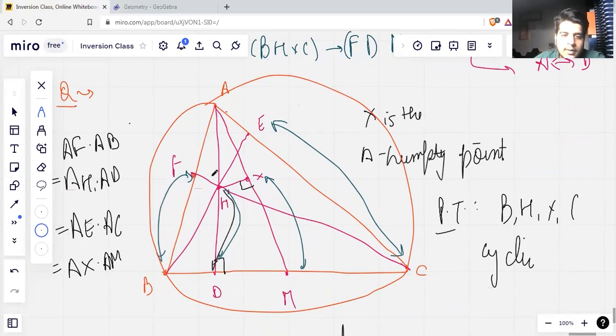B goes to F, C goes to E. So we know 2 points lying on that line. We can construct the line. So this goes to the line FE. Yep, this goes to the line FE. I hope this is clear. I hope all the types of inversion are clear.